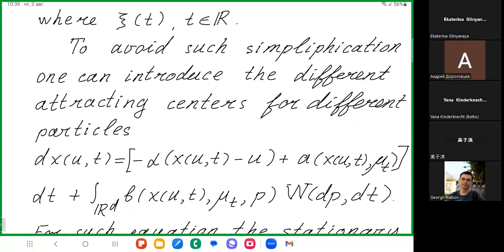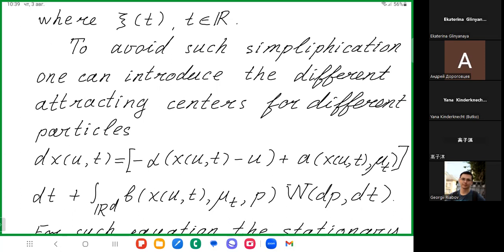In this case, with the same approach as before, we can prove existence and uniqueness of the stationary solution. And in this case, there is no such effect as gluing of all particles together.